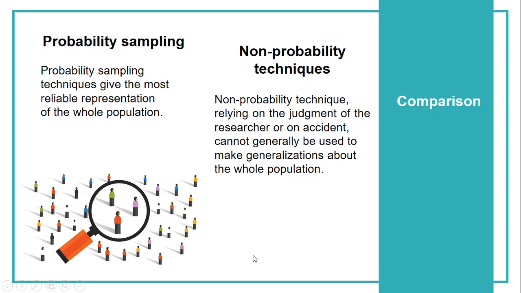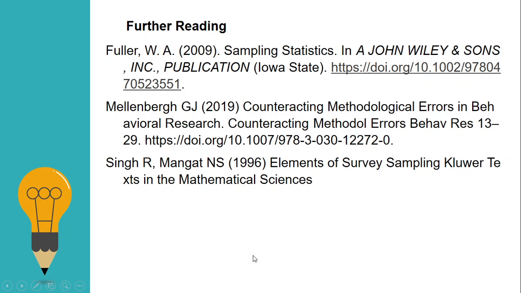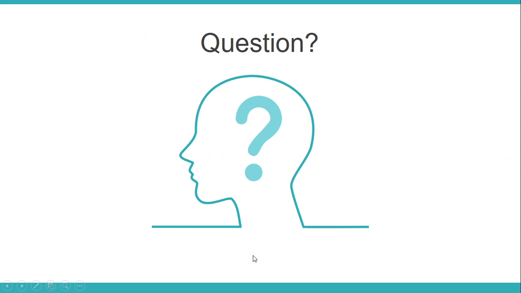Non-probability sampling is mostly used in qualitative research and probability sampling is mostly used in quantitative research, and probability sampling is used to make generalizations. These are the resources for further reading if you need to read more about probability sampling and non-probability sampling.